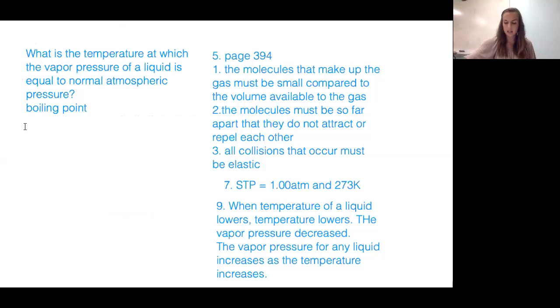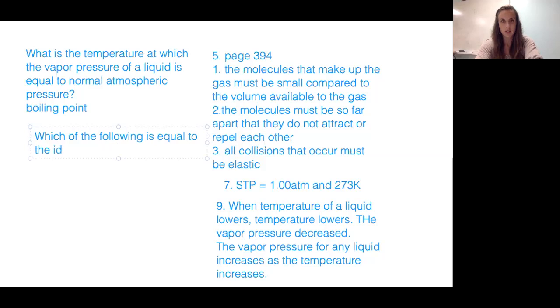Okay, another test question is going to be, which of the following is equal to the ideal gas constant? Remember I told you you need to memorize it? Well, here you go. So your answer, remember the gas constant is R, and the test is going to try to trick you because they're going to give you the same number and just different units for all of them.